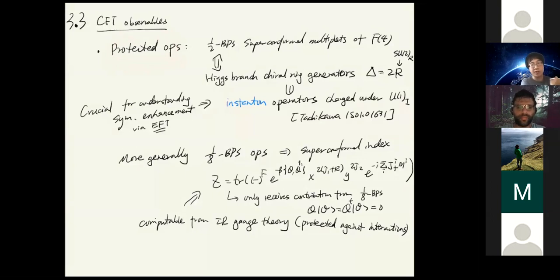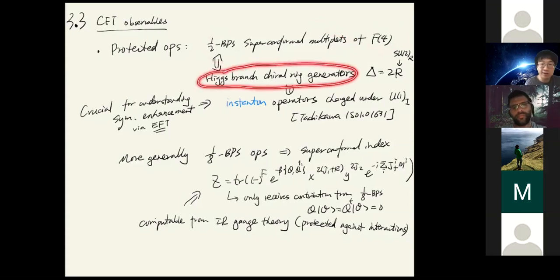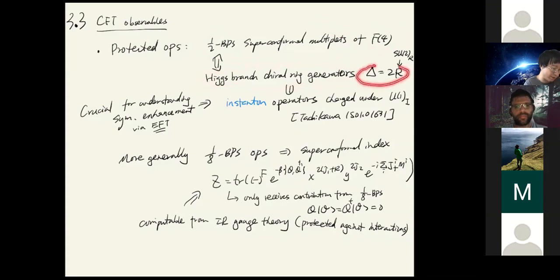The protected operators in the 5D N=1 theory are classified by studying the representation theory of the superconformal algebra F4. And the protected ones are actually the half BPS superconformal multiplets. They are in one-to-one correspondence with the Higgs branch Chiral ring generators, in which case their scaling dimension is 2 times the SU2R spin.